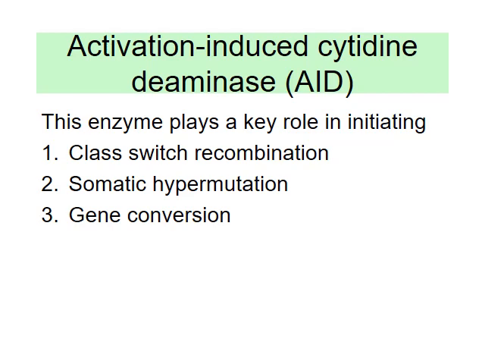Now, as the name implies, AID removes cytidine groups from the DNA in activated B cells to form uridine. So this will generate a UG base pair in DNA. The mismatched base pairs are then removed by one of several different enzymes, and this will result in changes in the DNA, especially in the V region of immunoglobulin. That's why AID interacts specifically or preferentially with the immunoglobulin V region.